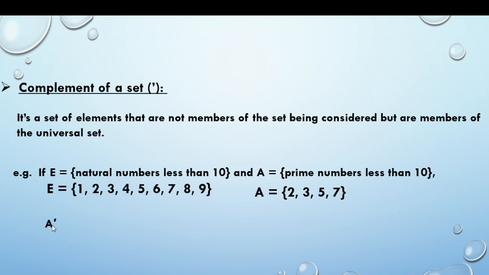So now, if we say A complement, meaning we need to consider the elements which are not in A but are in the universal set. So which are these? 1, let's check.